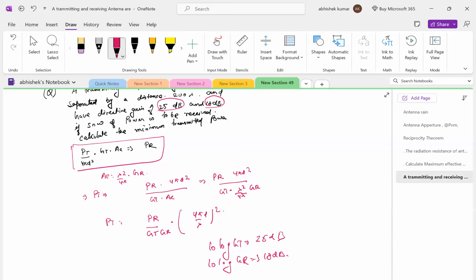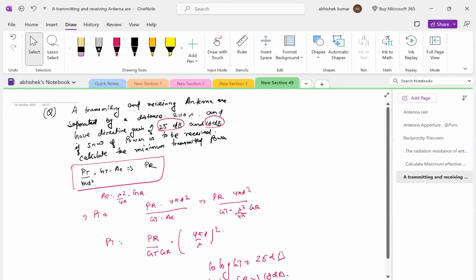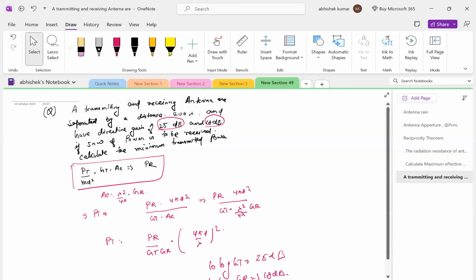What's 25 and 18? I don't see it in the question. Separated by 200 lambda.